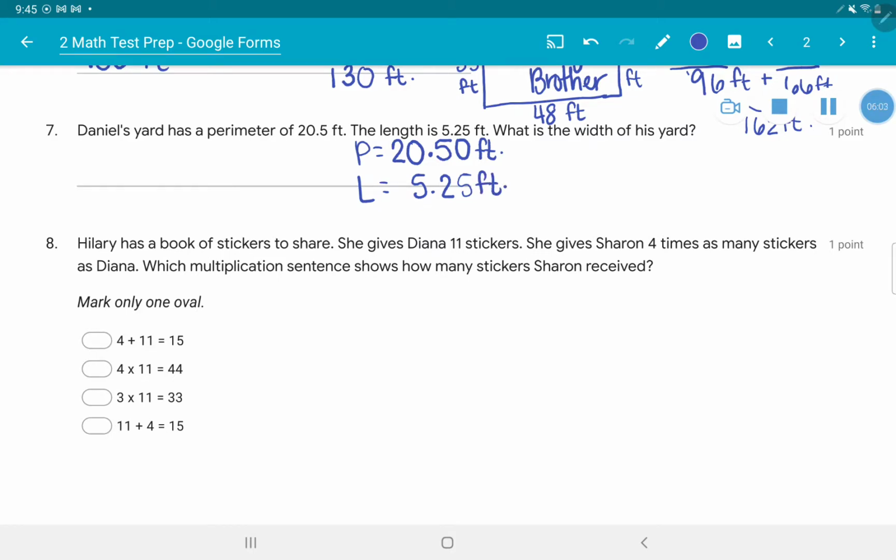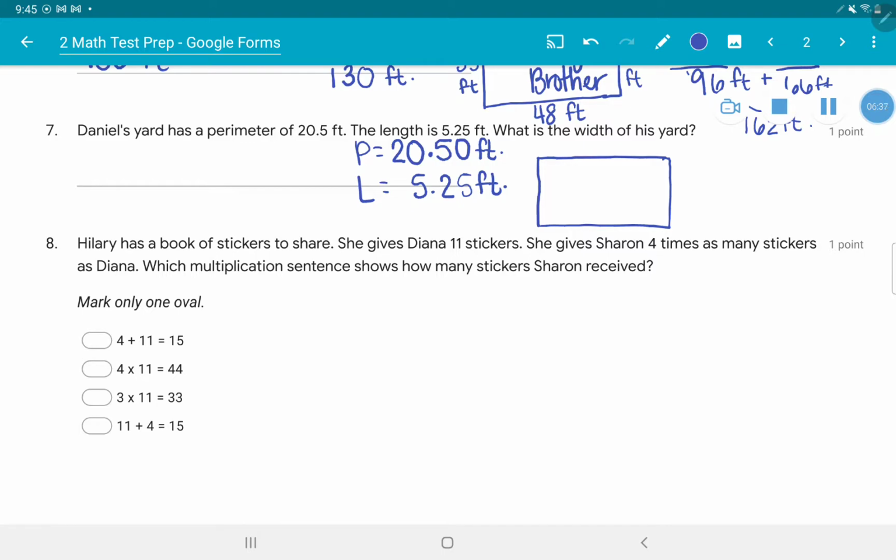So let's draw a picture of what his yard's going to look like. What shape is it going to be? A rectangle? Okay. So I need a rectangle. I know that the length is 5 and 25/100 feet.